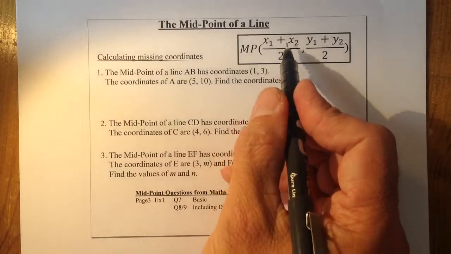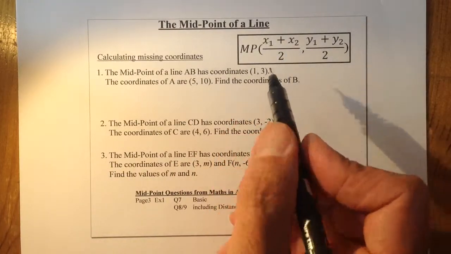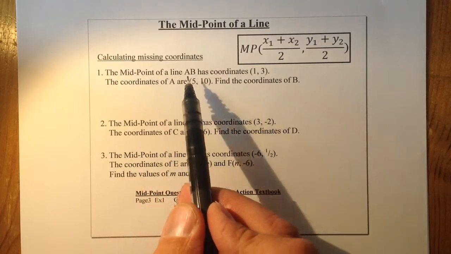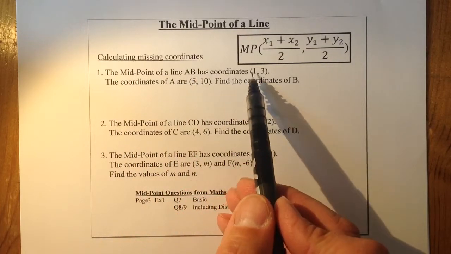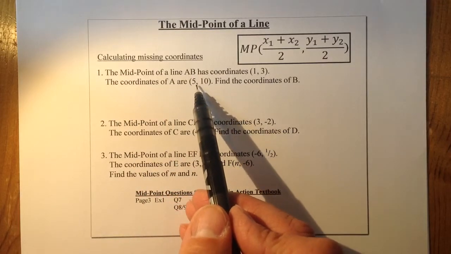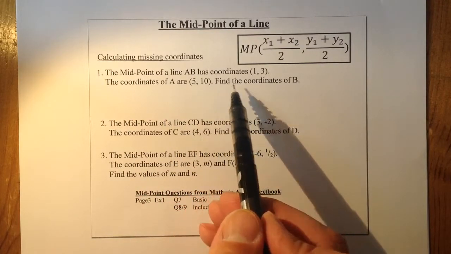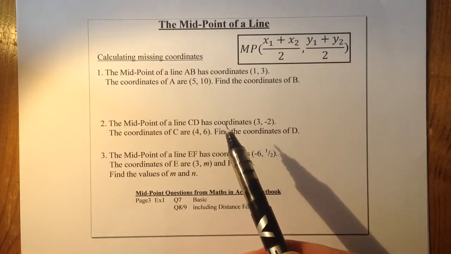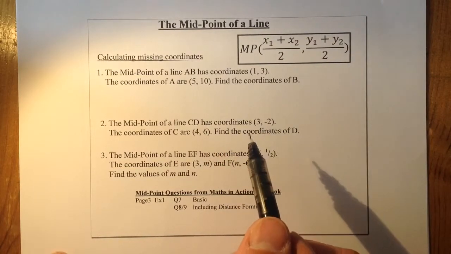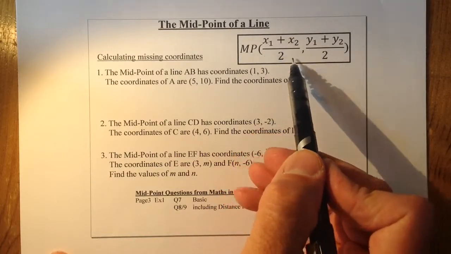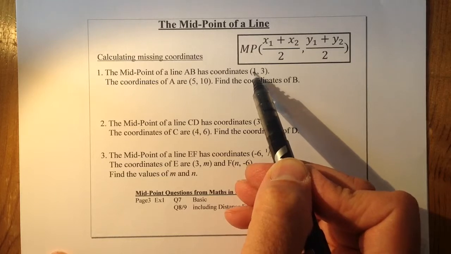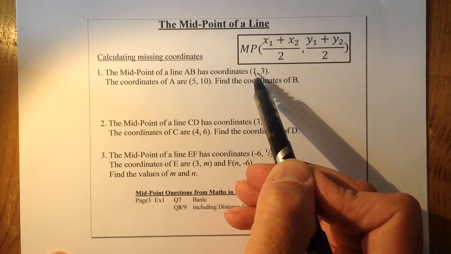First of all, I'm going to try and work out the x coordinate of the point B. I know that the midpoint of a line AB has the coordinates (1, 3), and the coordinates of A are (5, 10). I don't know the coordinates of B, and that's what I'm trying to work out. I'm going to use this part here and equate it to 1, because that's the x coordinate of the midpoint.